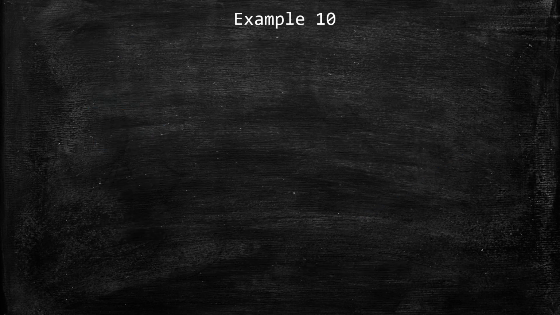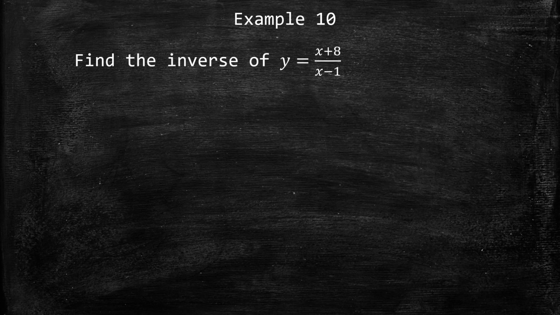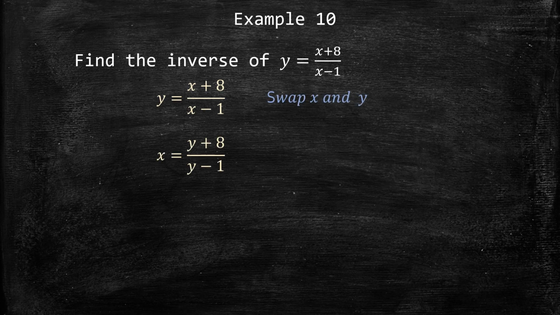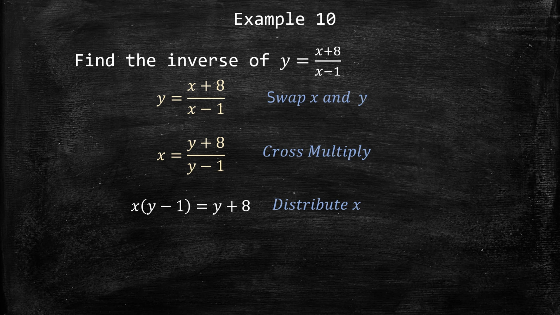Now in example number 10, we need to find the inverse of y equals (x plus 8) over (x minus 1). So here right away we can swap x and y. We're going to cross multiply, and we're going to distribute the x. So x times y is xy, x times negative 1 is negative x.